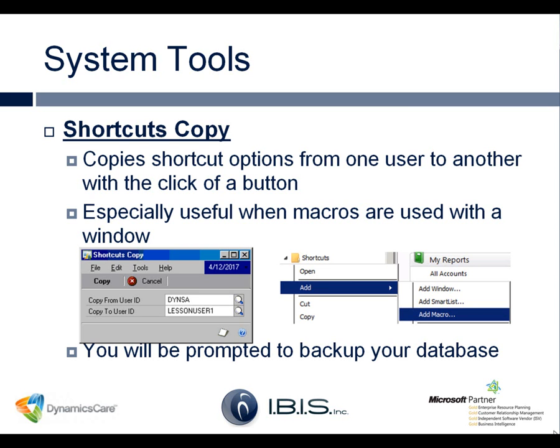So you could simply click in the copy from user ID, select the user ID from which you want to copy, and the copy to user ID, and the shortcuts will be there for the copy to user ID. And you'll see quite a few notes on each of these where it prompts to back up your database. So this is one of those where you want to just back up your database. It may not seem like a very invasive type of tool or process, but we always want to be safe and make sure we have a backup.